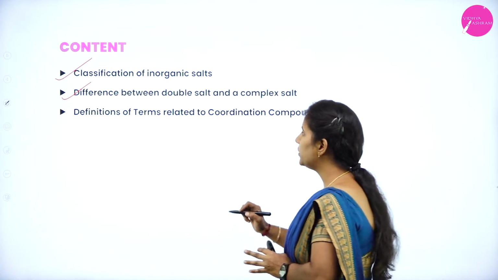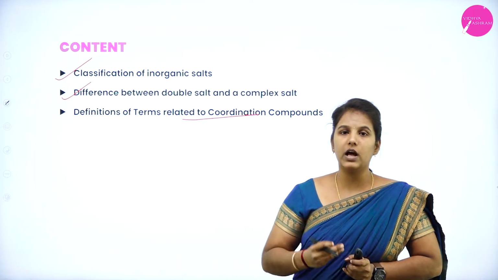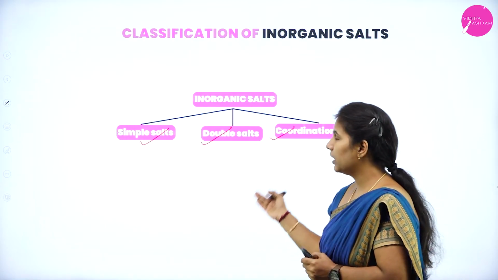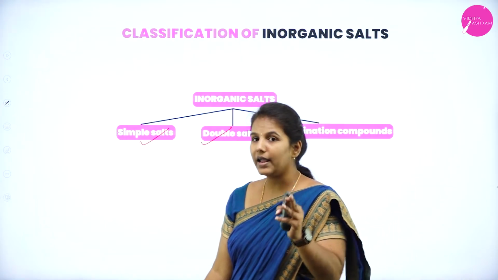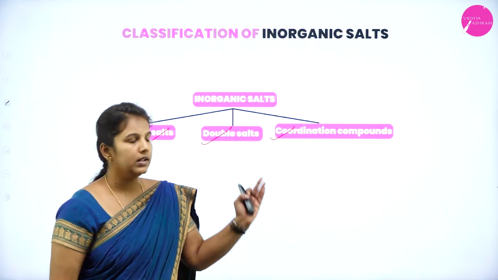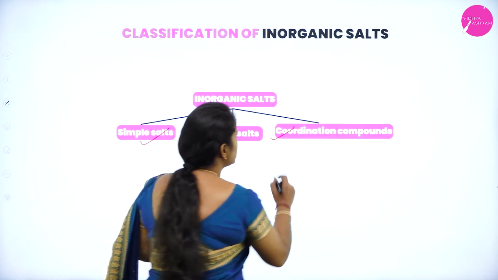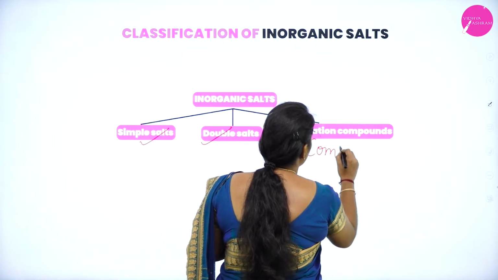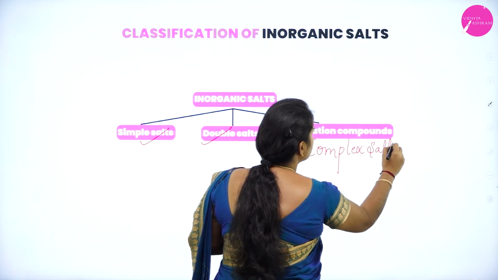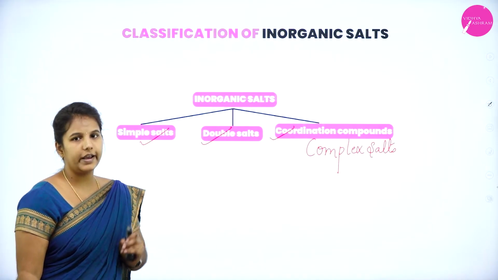And finally, we are going to understand some of the important terminology involved in coordination compounds. Remember, inorganic salts are of 3 types: simple salts, double salts, and the coordination compound, which is also known as complex salts.